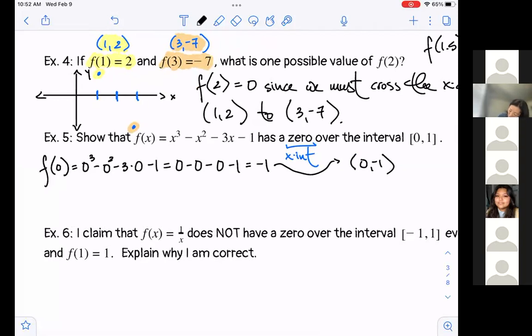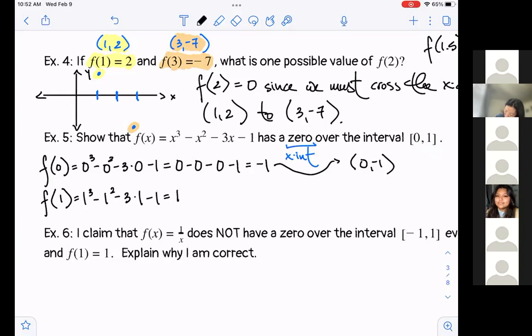All right. What other number should we plug into the function? Great. And 1, because that's the other end of the closed interval, right? 1 is like our 3. So let me plug in 1, not 3. And I get 1 cubed minus 1 squared minus 3 times 1 minus 1.